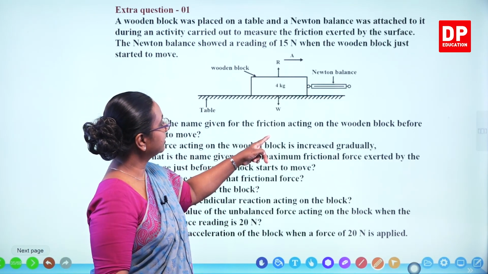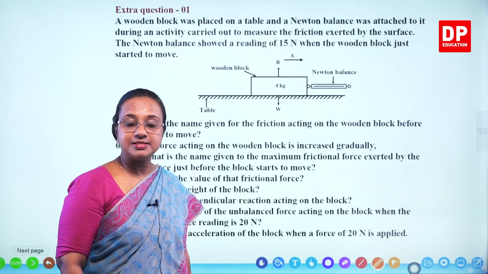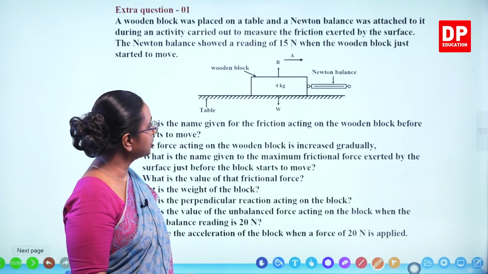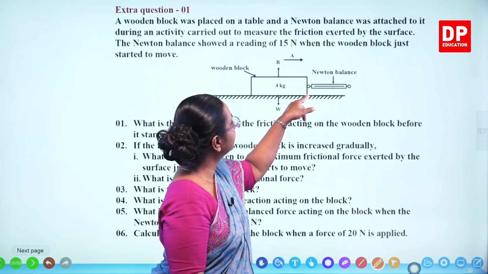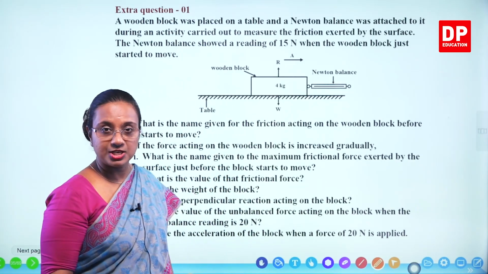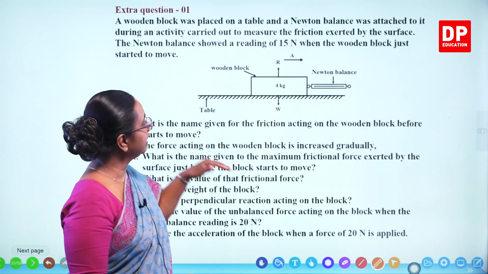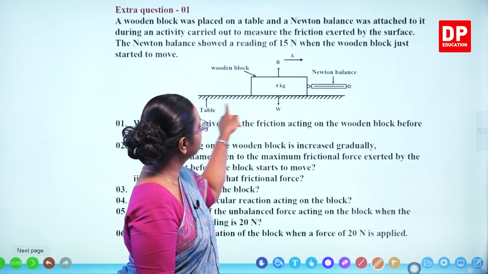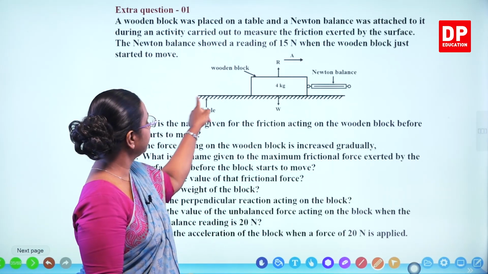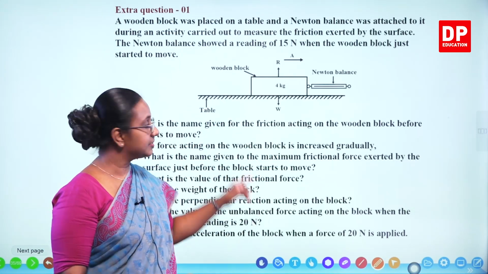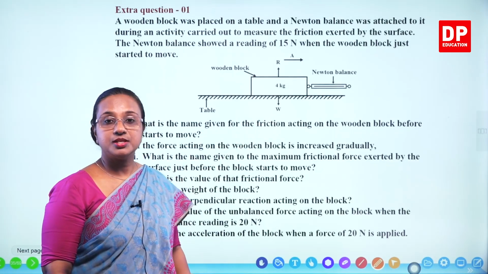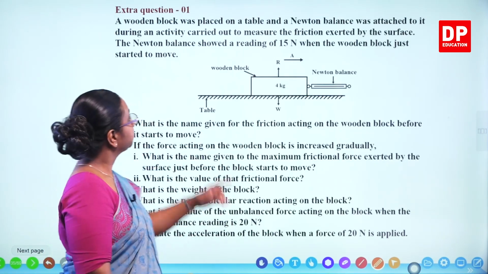The weight is acting downwards and R is the perpendicular reaction. And you can see how the Newton balance is attached to the wooden block and it is pulled horizontal to the surface. And here you can see the table surface is also a horizontal surface.